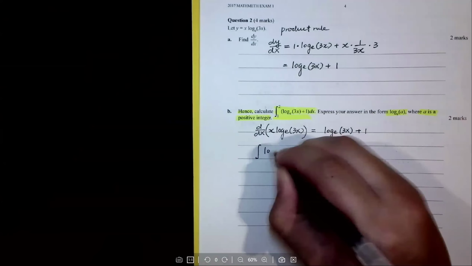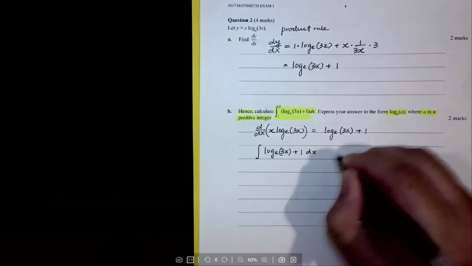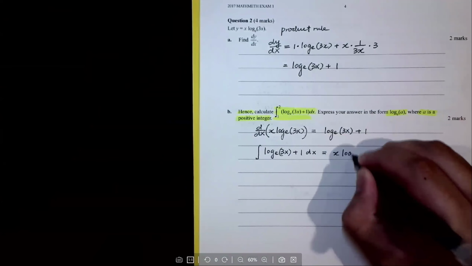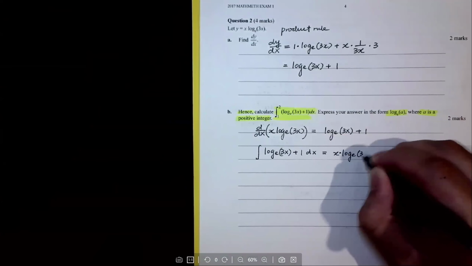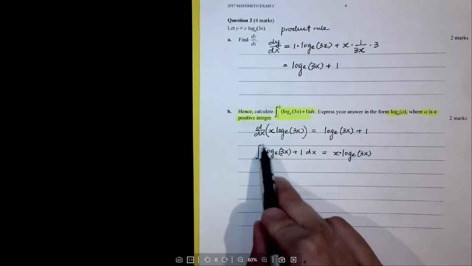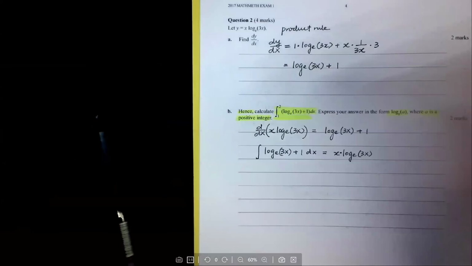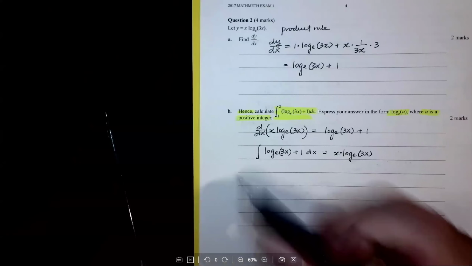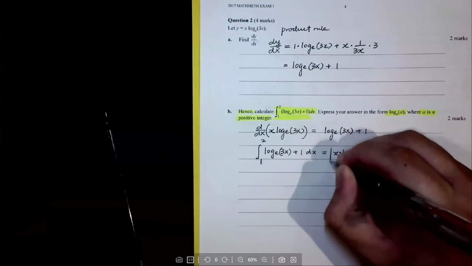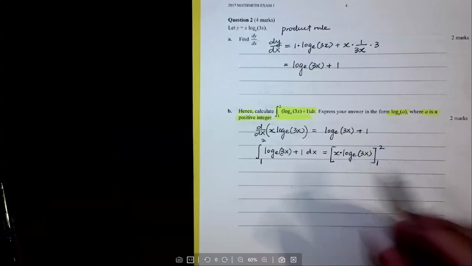Say integral of log e 3x plus 1 dx. Well, an antiderivative is x times log e of 3x. If I don't put any limits here, like 1 and 2, it will give you an added c at the end. That's a general antiderivative. But since we are finding a definite integral, I'm just embedding the limits 1 to 2 here, and then just do the evaluation bit.